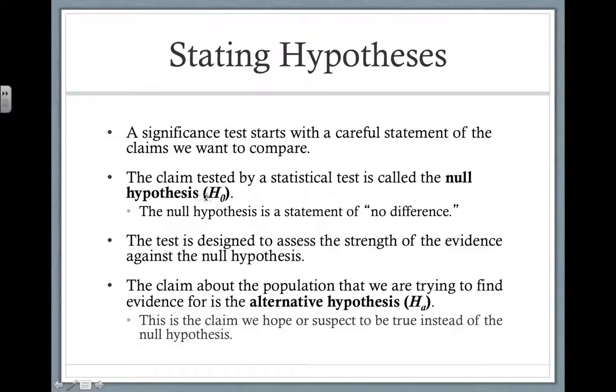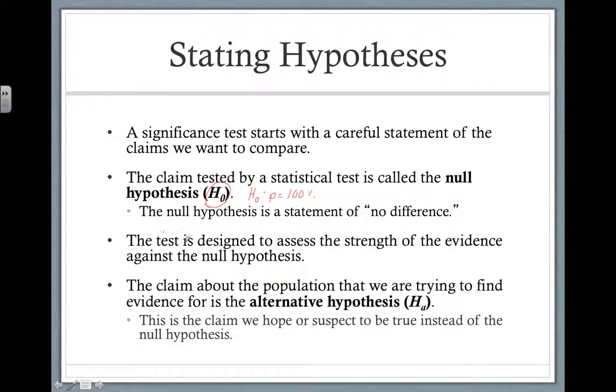So our null hypothesis for our company would be the 100%, that the proportion is equal to 100%. This is how we denote our null hypothesis: for our proportion, p would be equal to 100%.